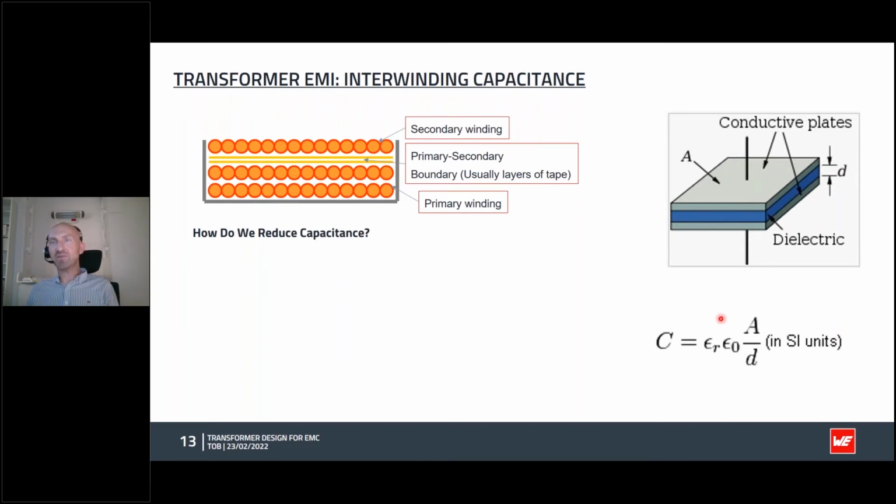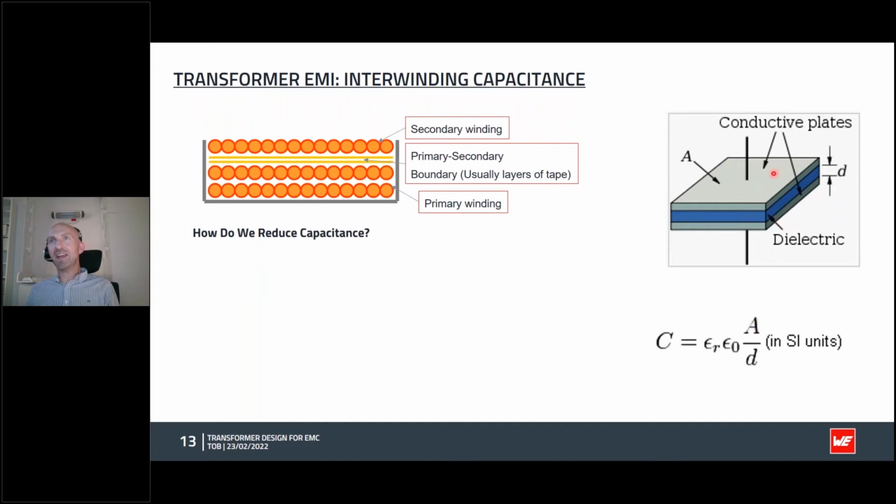So we basically have three parameters we can play with here. We have this epsilon R, which is the relative permittivity of the dielectric in between the two plates. The higher that is, the worse it is for our capacitance. The best thing to have in there is air, as the relative permittivity of air, or more precisely a vacuum, is 1, which is as low as we can get.